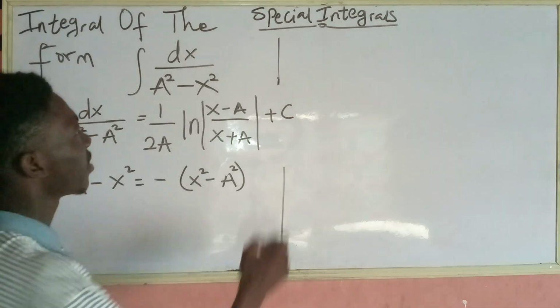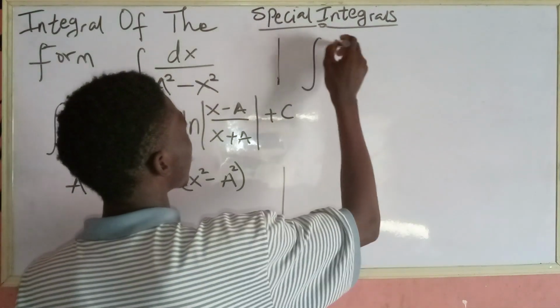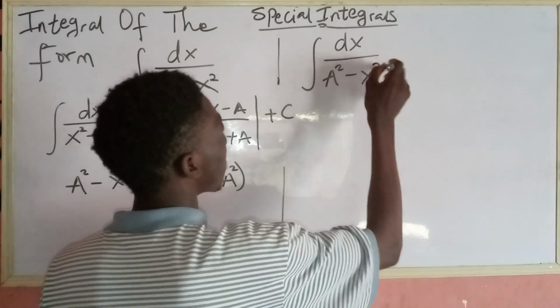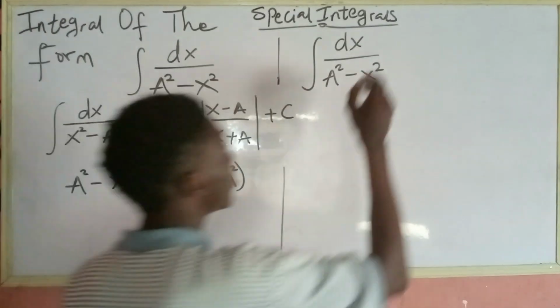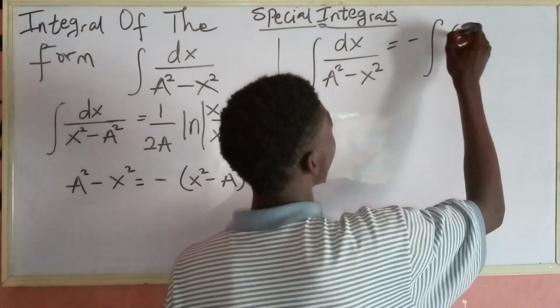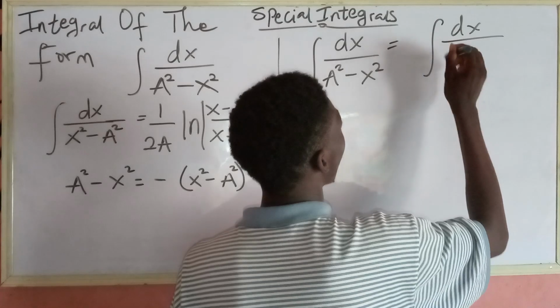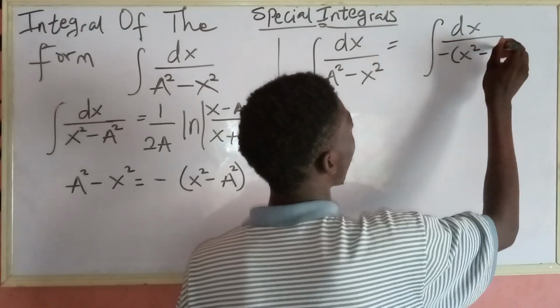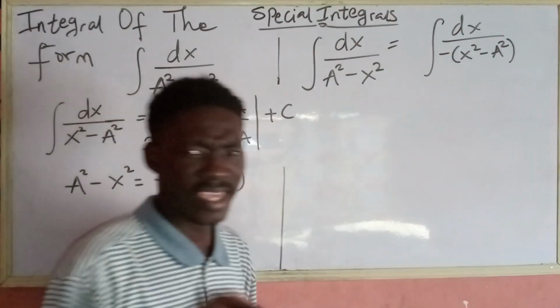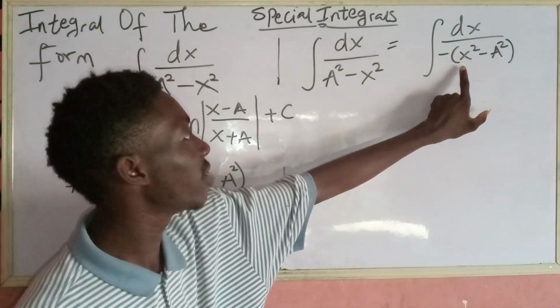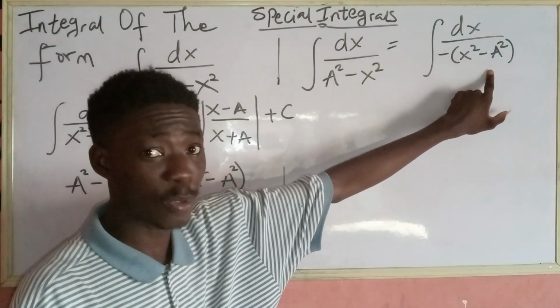Then the integral of dx over a squared minus x squared is the same as minus of the integral of dx over x squared minus a squared, because the minus multiplied by this gives us the minus x squared, and the minus multiplied by this gives us the plus a squared.